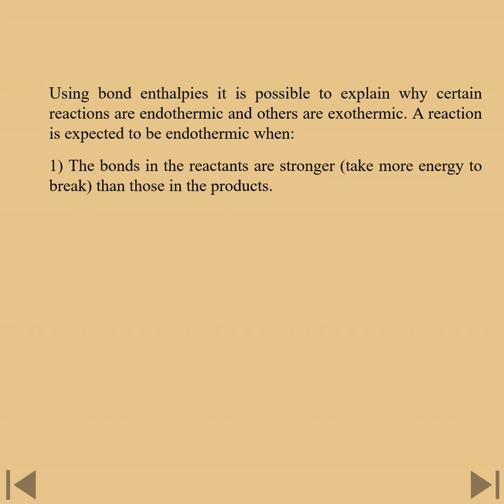Remember, if there's more energy in the bonds of the reactants, we had to pump more energy into it than we got out of it. In addition to this, we might have a scenario where we simply have more bonds in the reactants than in the products, because more bonds means more energy.